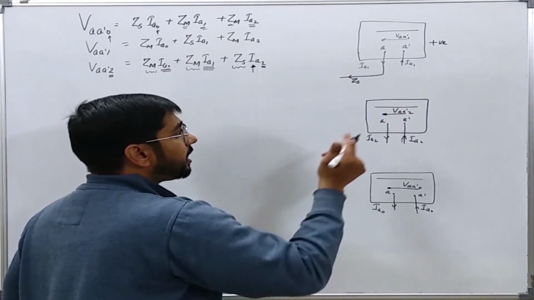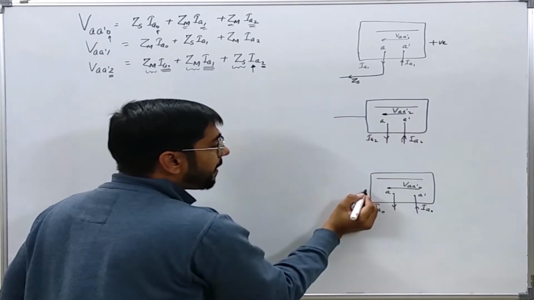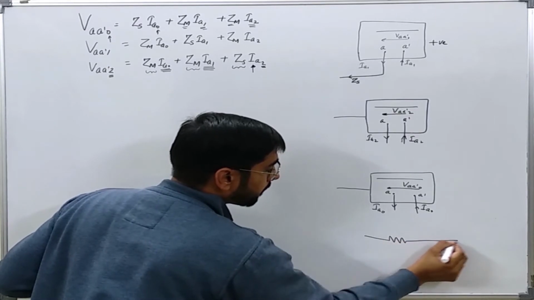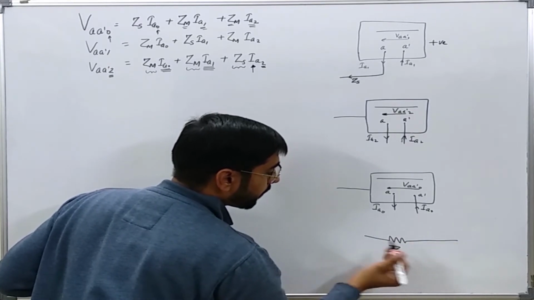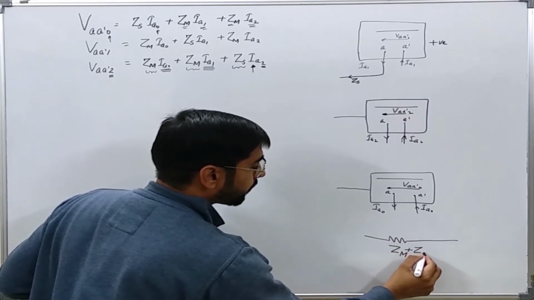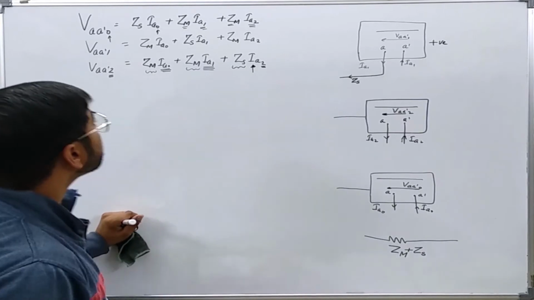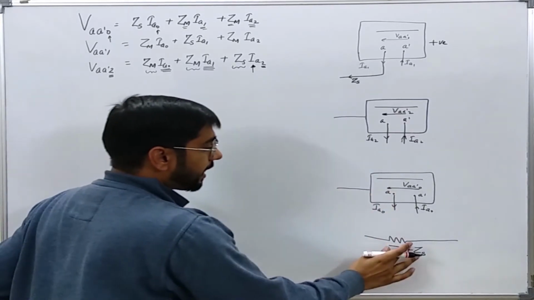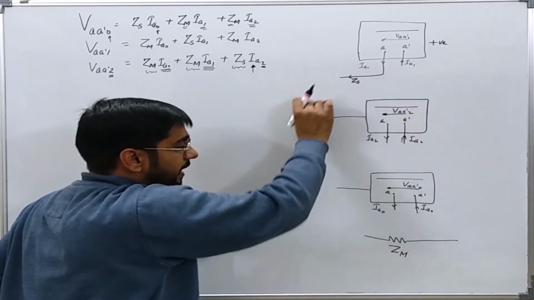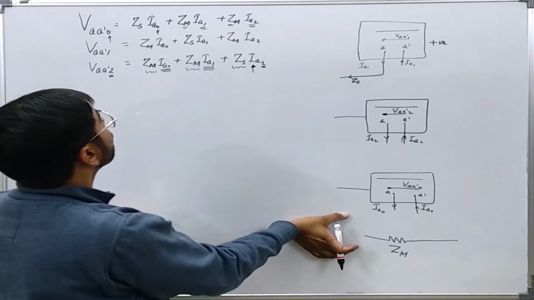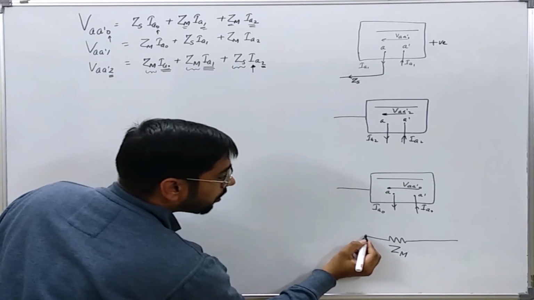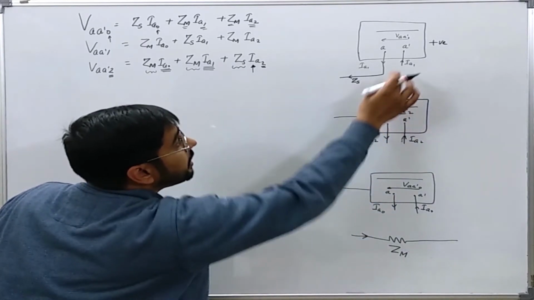It can be done if I take something in parallel, such that IA1 is flowing in ZS and IA2 and IA0 are flowing in ZM, so I can get VA1.